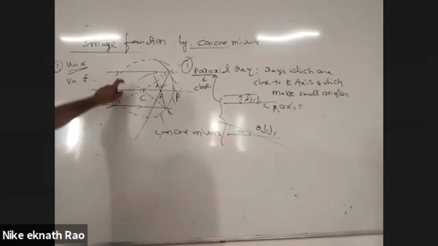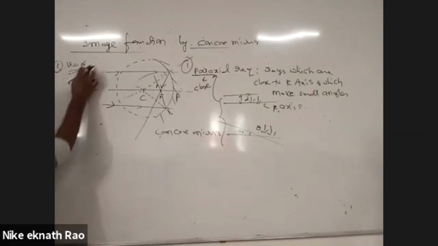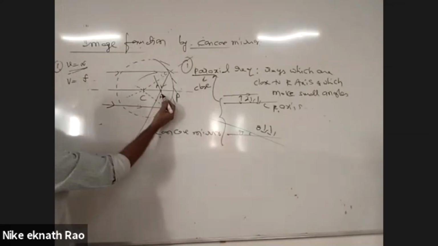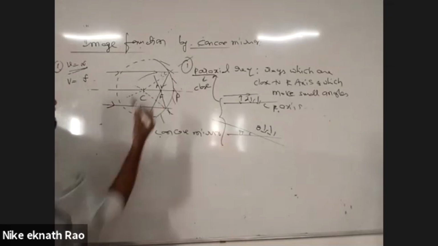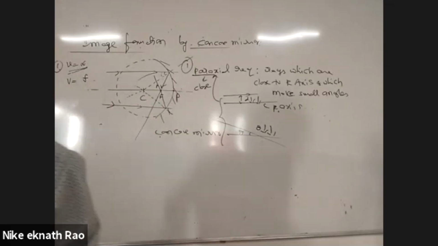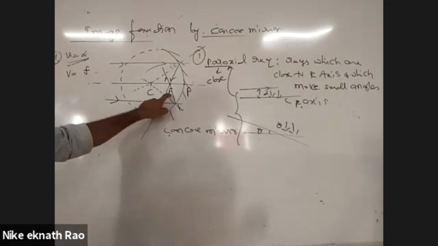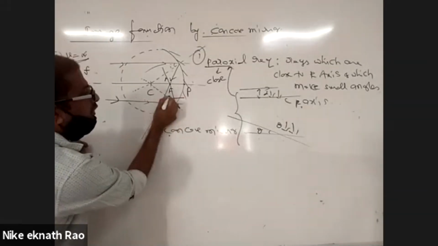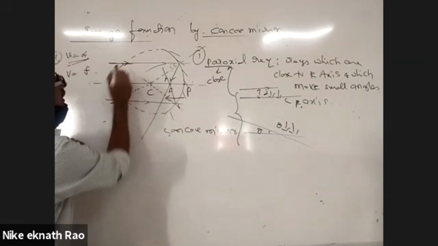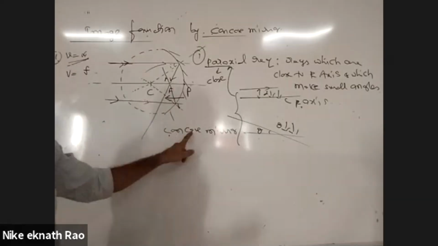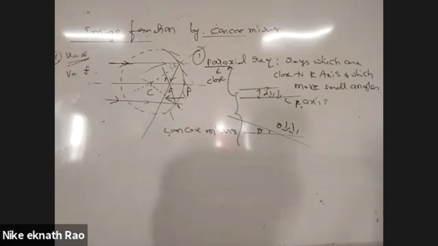When the object is at infinite distance, the image is formed at the focus. Now we measure the distance from the pole: pole to focus, we are traveling like this. Is the image distance negative or positive?